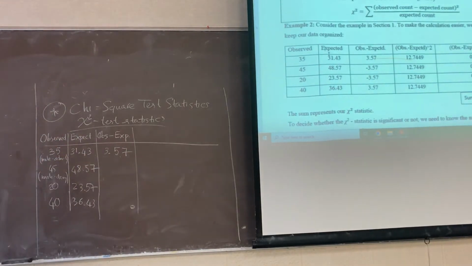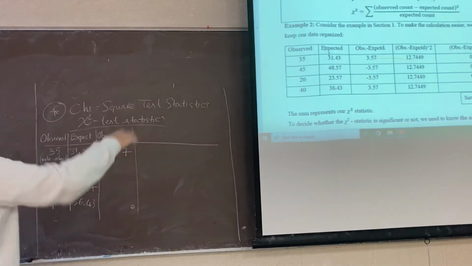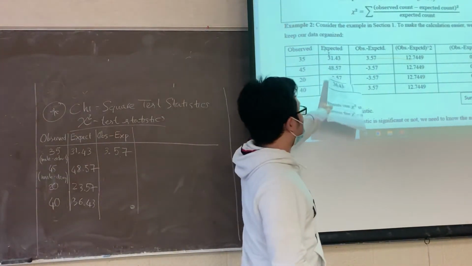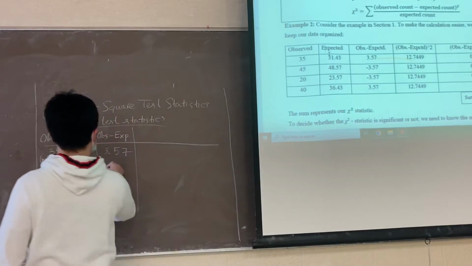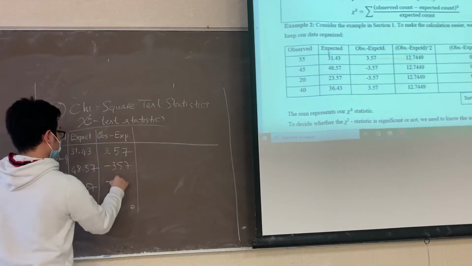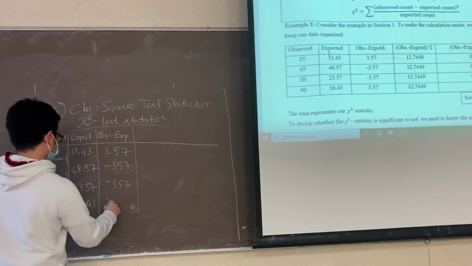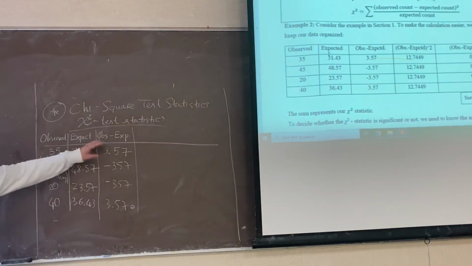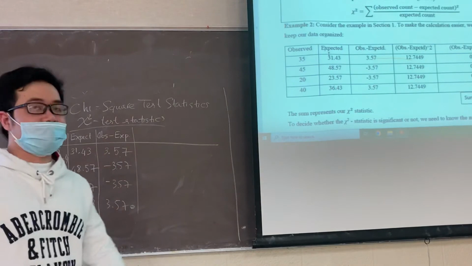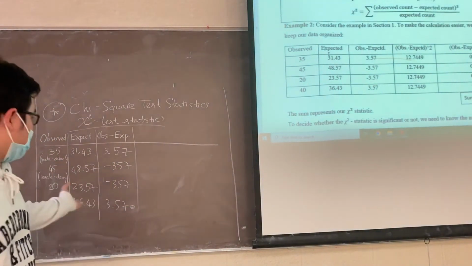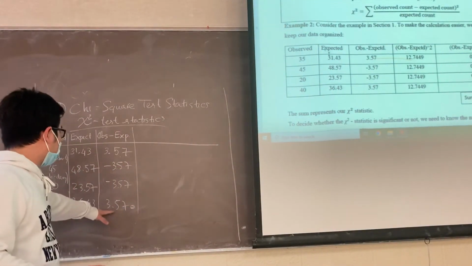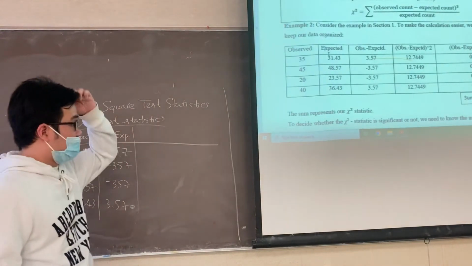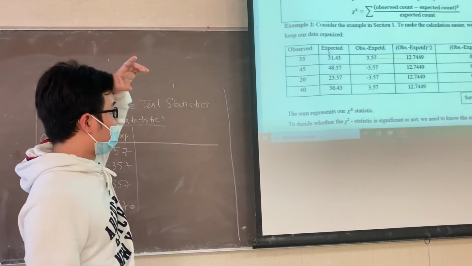Similarly, we do this for the other numbers, so we get the results like this. Any questions so far? I just do the list step by step to find the chi-square test.